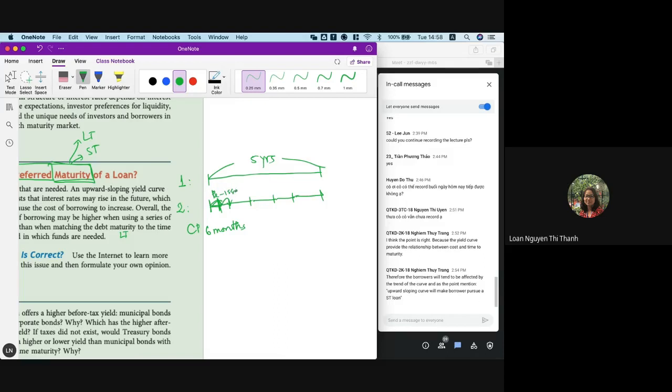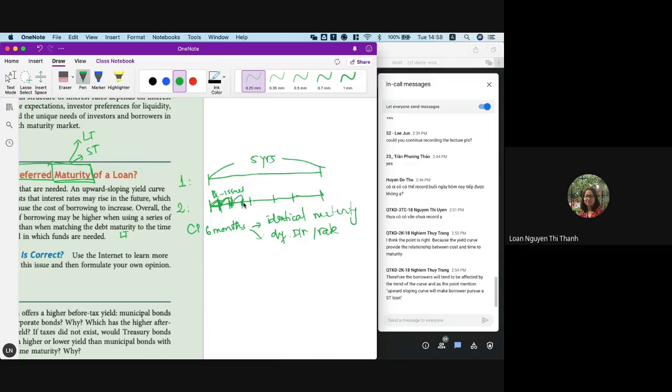You roll over another commercial paper with identical maturity every 6 months. But of course, a different interest rate, because the market rate changes.